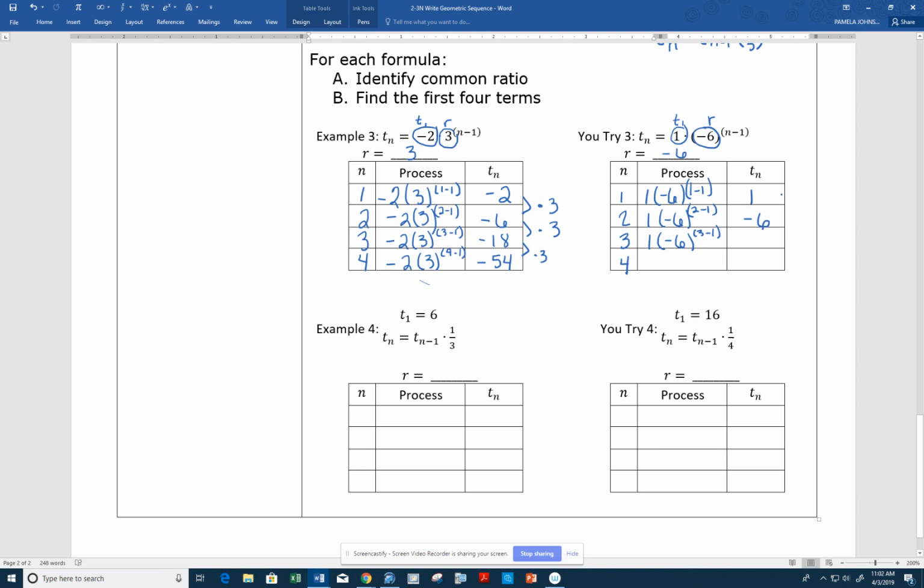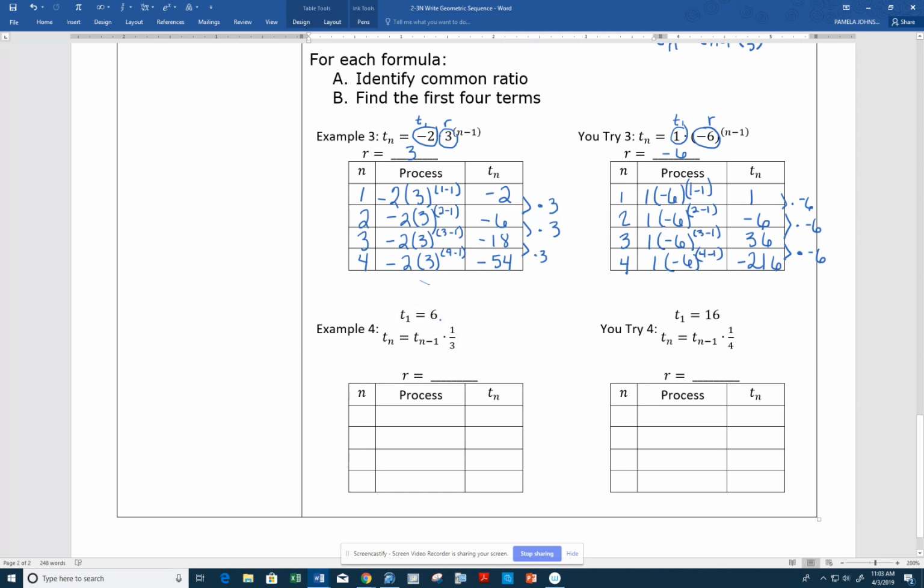So I'm multiplying this by -6, and then I'm going to do that again. So we're going to get positive 36. 1 times -6 to the 4 minus 1 power. All we're doing is multiplying another -6. We're going to get -216.